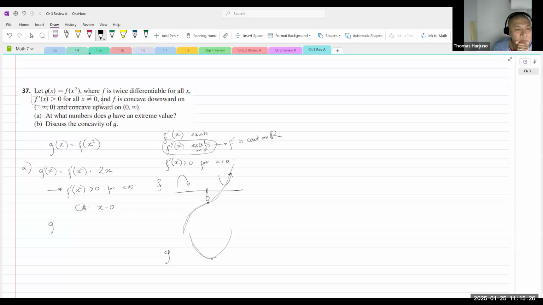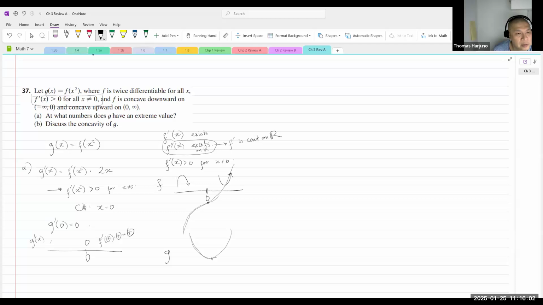Okay, so g prime 0 equals 0. But let's take a look at what happened to g prime x in the surrounding area. If I pick a positive number, that's f prime positive times 2 times a positive number, that's positive.